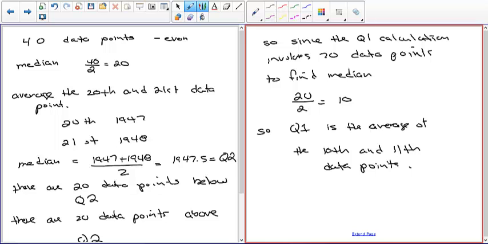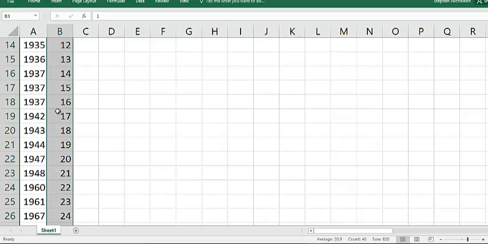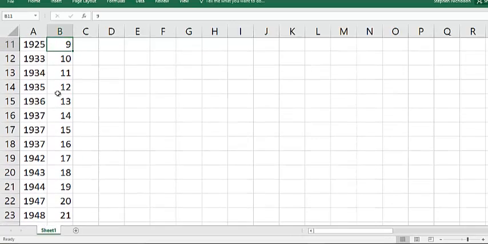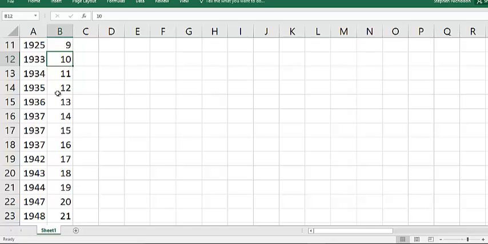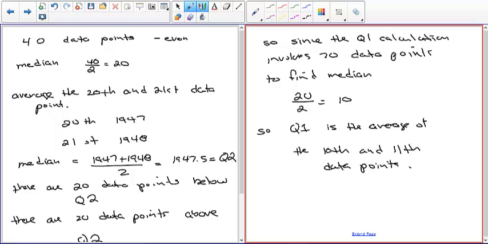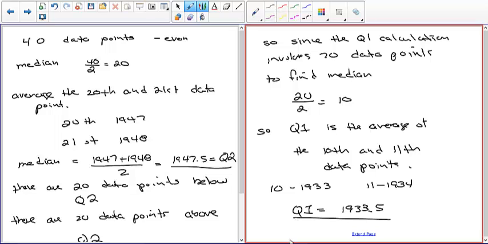So now we go back to our list of data, and we see what the 10th and 11th are. So the 10th is 1933, and the 11th is 1934. So Q1 is going to be 1933.5. It's the average of the two. So that's Q1. So we've got Q2, we've got Q1.